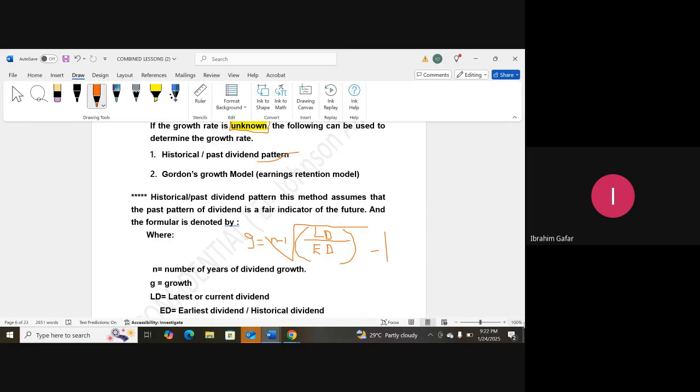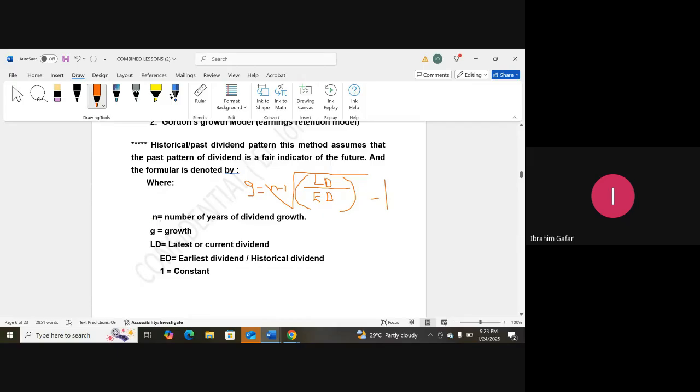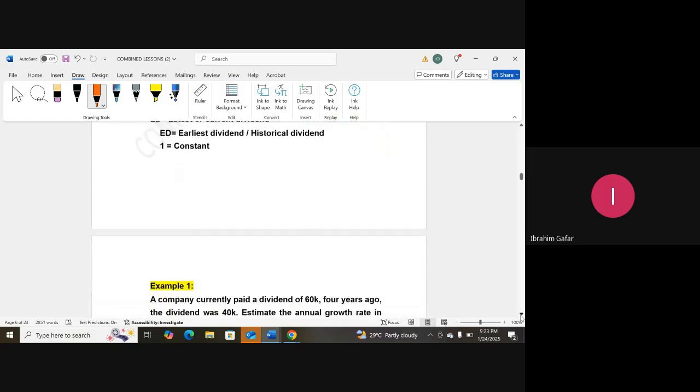N represents the number of years of dividend growth, G represents the growth rate, LD represents the latest or current dividend, and ED represents the earliest or historical dividend. The 1 that you see in that formula is a constant.